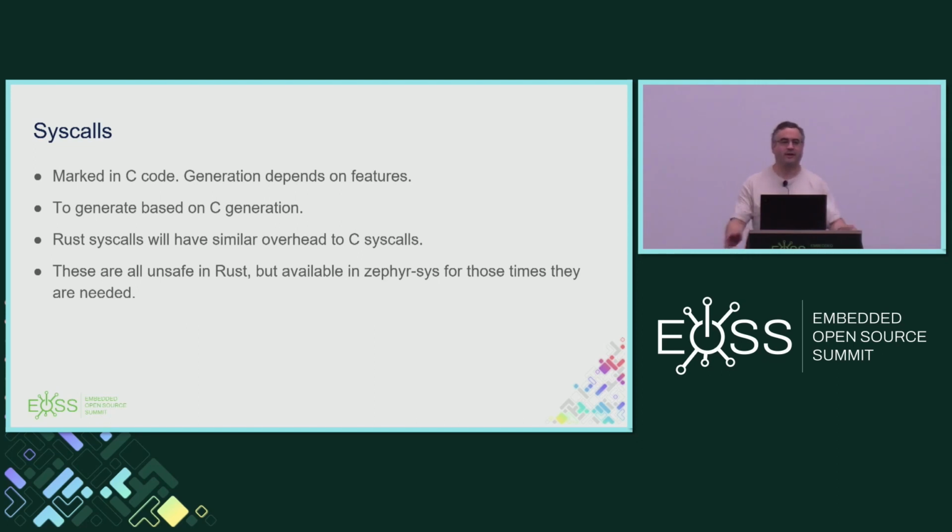A number of years ago, we added user space support to Zephyr, where we separate between threads that can be marked as user space threads and then the kernel mode. And in order to get into that mode, you have to make syscalls. This was done not by drastically changing everything, but by basically going through the headers and marking a bunch of these functions as syscalls.